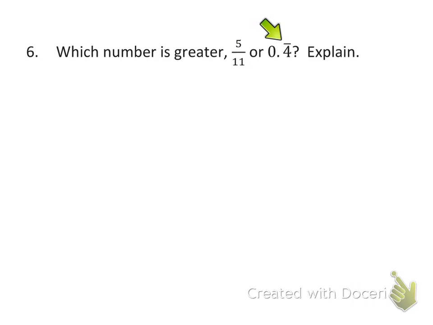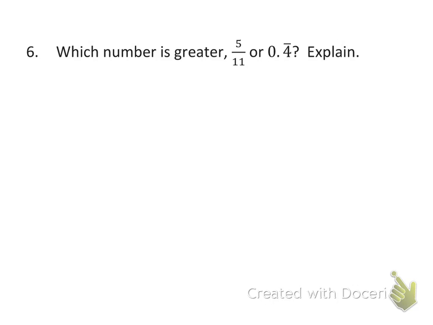Okay, and 0.4 repeating, that's also less than half because I've got a 4 in the tens place. So no matter how much repeating decimal I have after this, I know that it's less than 0.5. Okay, so I know these numbers are pretty close together.